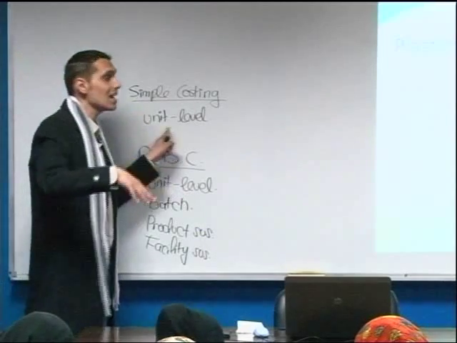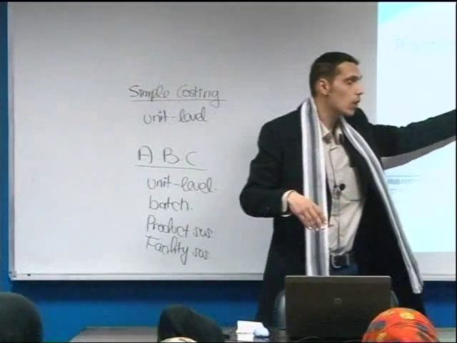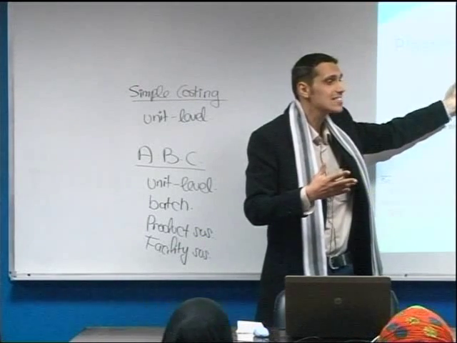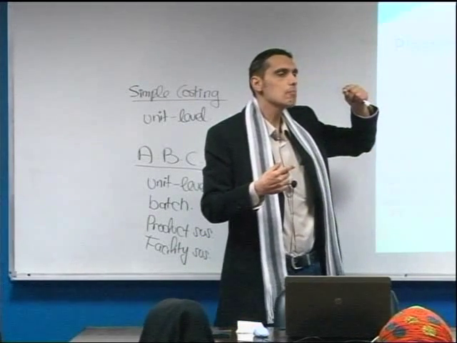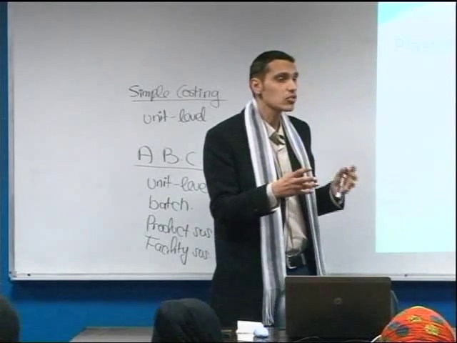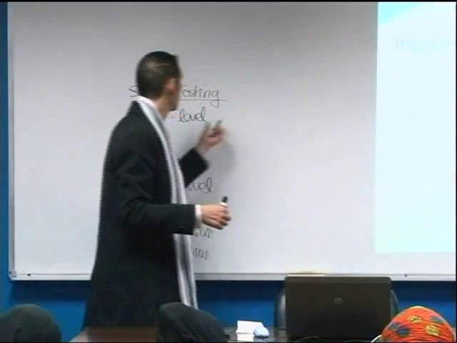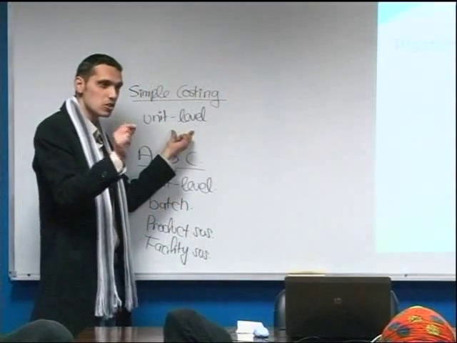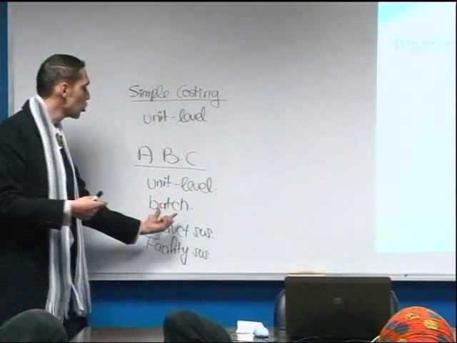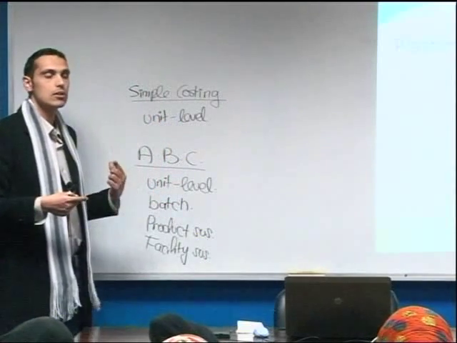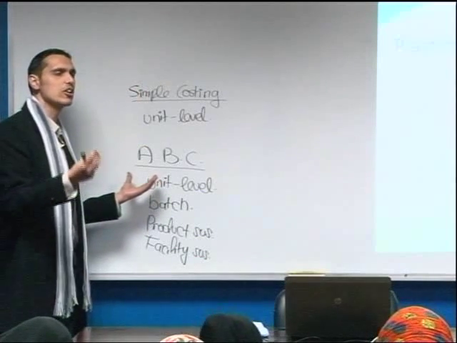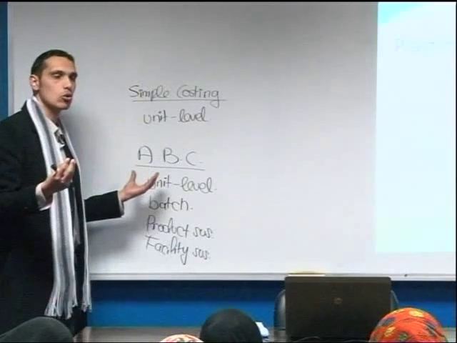But other times, as we saw in the setup costs, the stronger cause and effect relationship was not according to the number of individual units, or the unit level, but according to what? To the batch level.